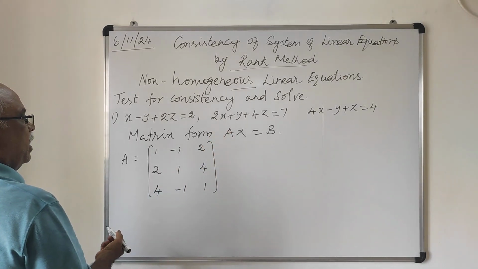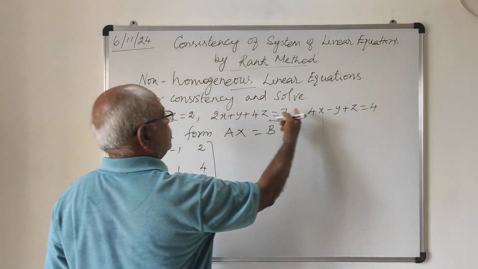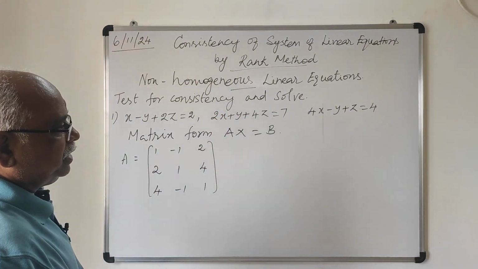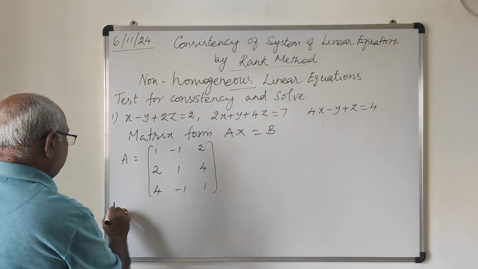Next, adding the right-hand side constants also as a column gives a matrix called the augmented matrix.